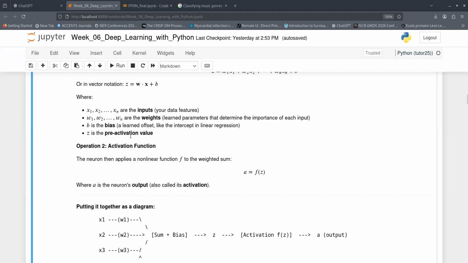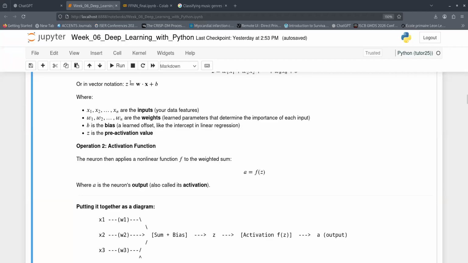And Z is the pre-activation value. This is what we call our first operation. And the second operation is what we call the activation function. Don't worry, we are going to see practically how it works. The neuron applies a nonlinear function f to the weighted sum.